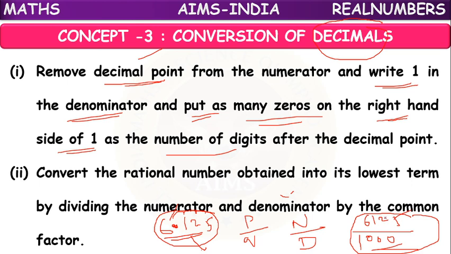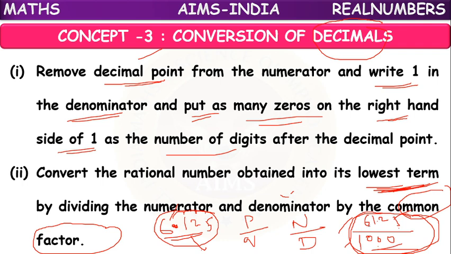But whatever rational number we have got should always be expressed in lowest terms. We have to check whether there is any possibility of dividing both numerator and denominator by a common factor. If so, we have to divide them.